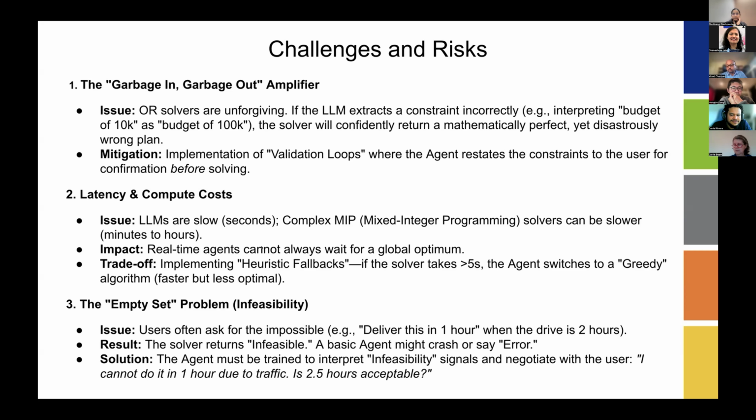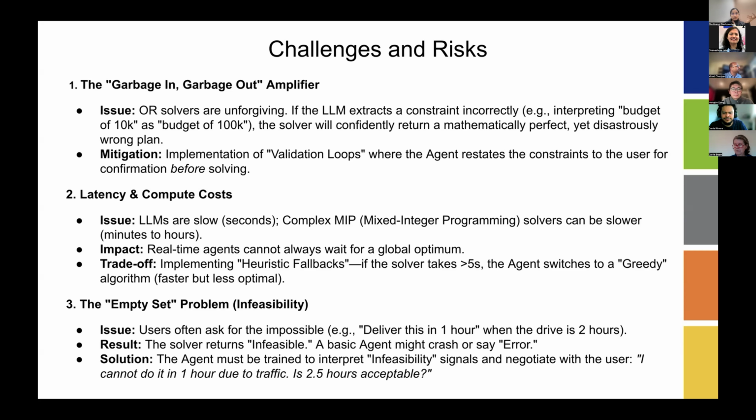So how do we mitigate that? We need validation loops where the agent restates the constraints, sends them to the end user, and confirms. Then the second one is latency and compute costs. LLMs to start with are slow, but complex maps and complex optimization problems are even slower.